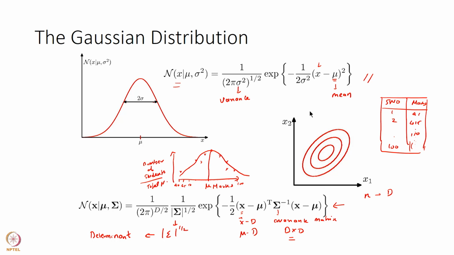So, what I have plotted in this figure is, let us say D is 2, two variables x1 and x2, and these red lines are contours of constant probability. So, if you plug in these x1 and x2, and find the range of all values of x1 and x2 for which the probability is the same, then the locus of all those x1 and x2 is this.